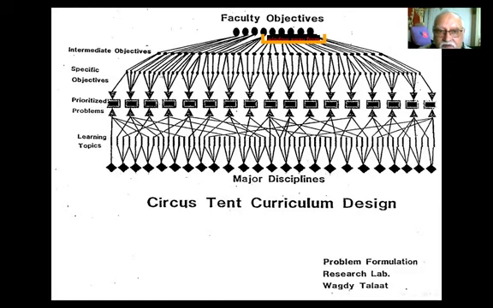From these specific objectives, we group them into what we called preset objectives for each of the problems, which are selected in the order of priority according to the priority health problem that we will talk about in another video.